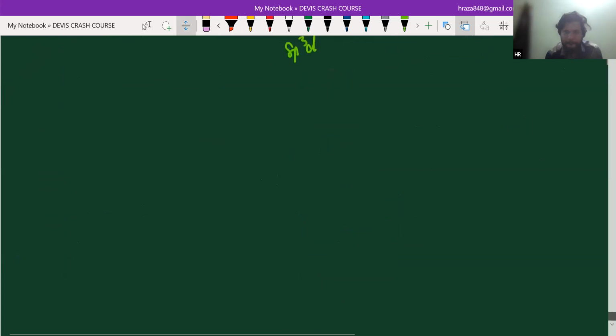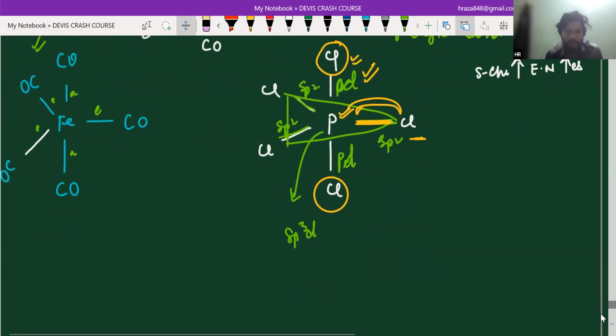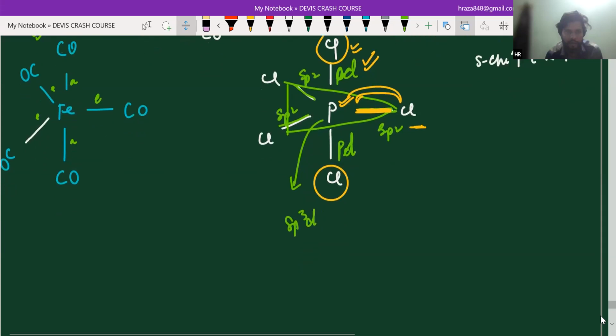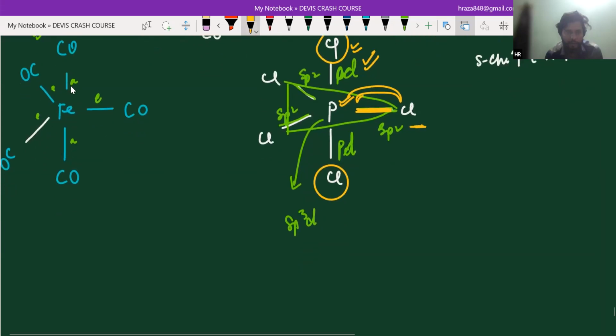Okay, one more last question. How many angles are there between axial and equatorial?